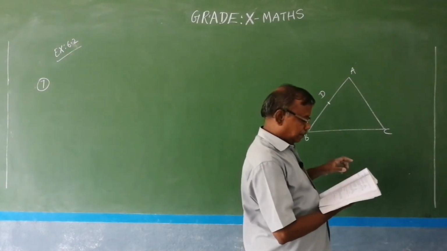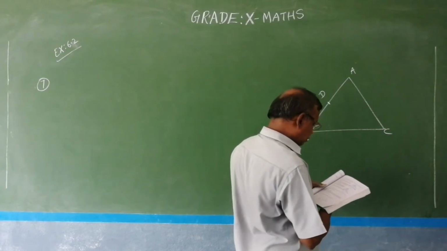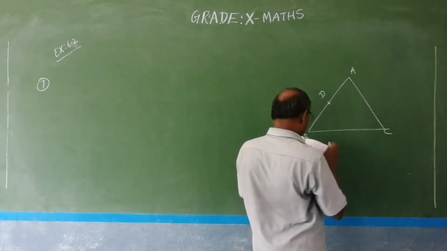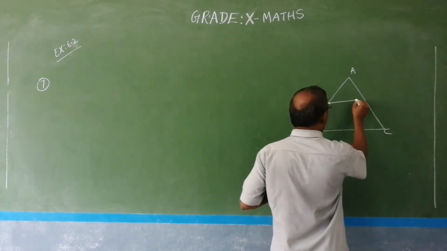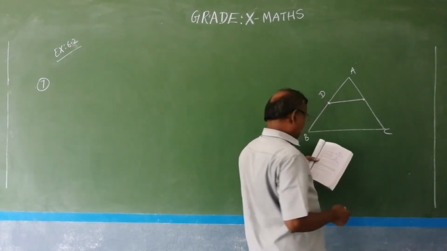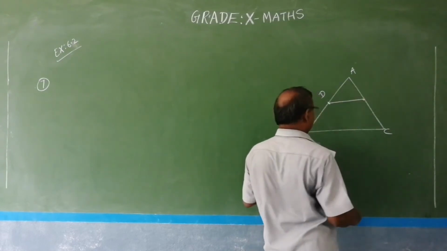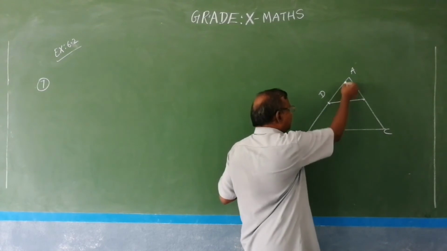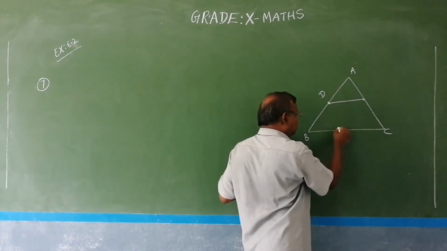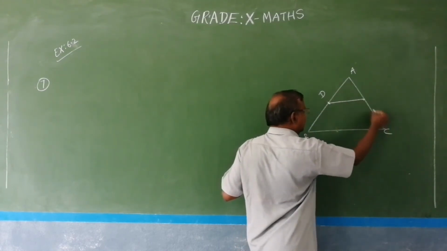Using theorem 6.1, prove that a line drawn through the midpoint of one side of a triangle to another side bisects the third side. So, a line drawn from the midpoint of one side parallel to another side bisects the other side.